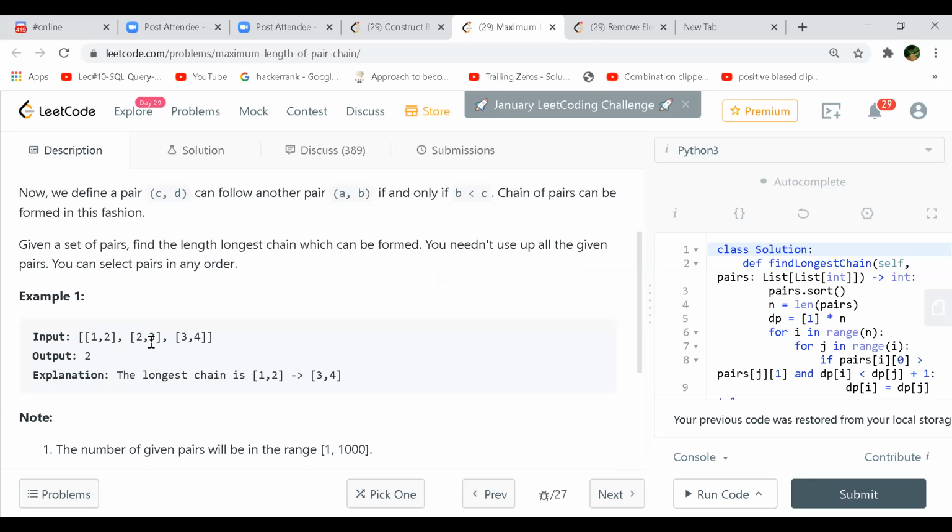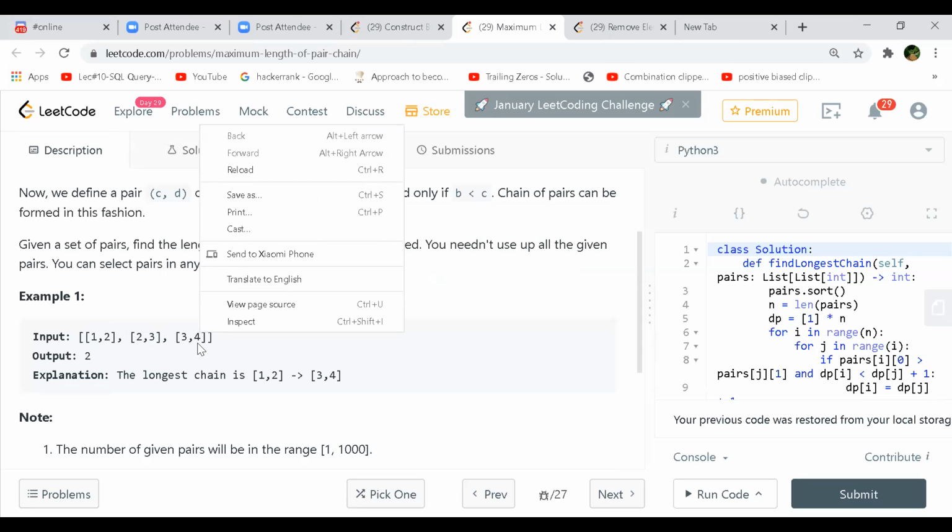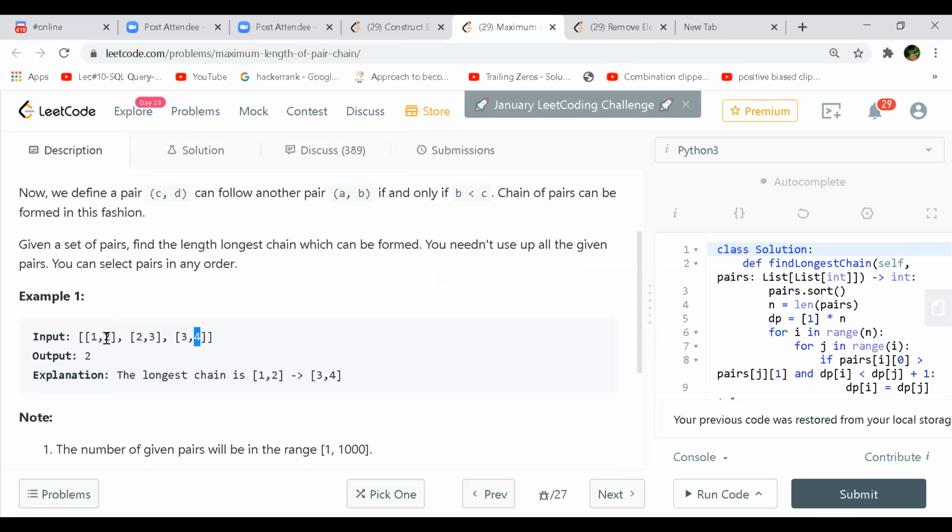1, 2, 2, 3. So here we can see this 2 is less than the start of 3, 4. I mean, this 2 is less than this 4, right? No, I think it is your 1, 2, the 2 which is the end of the first pair, it is lesser than the start of the 3, 4.